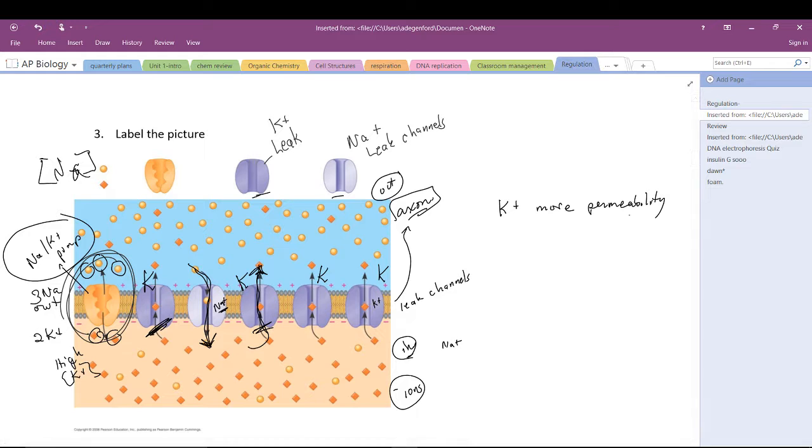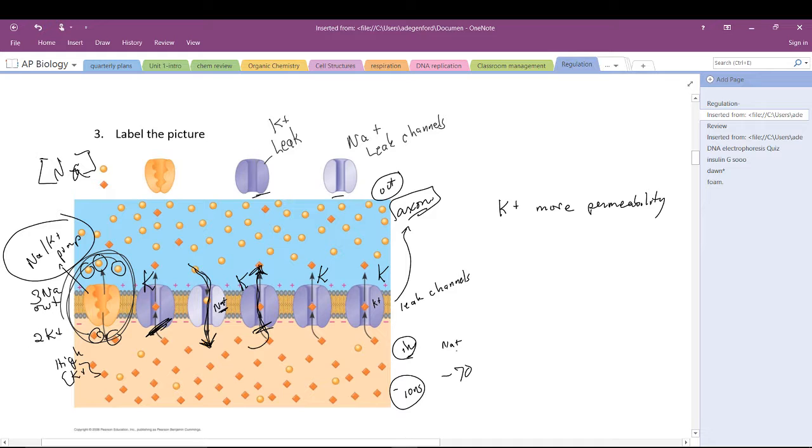What in the end happens is this leakiness of the system means that it's not quite as negative on the inside as it could be. It could be negative 90, but then the sodium drifts in and then some potassium drifts out. And the balance of that makes the inside negative 70.